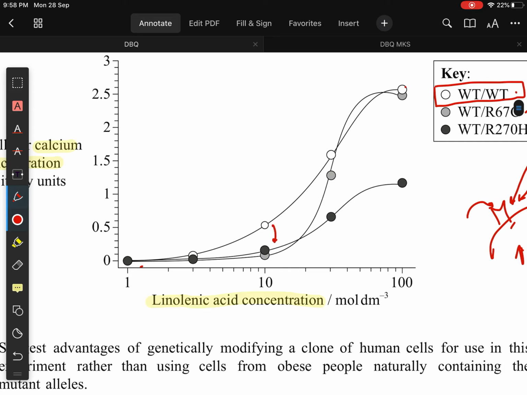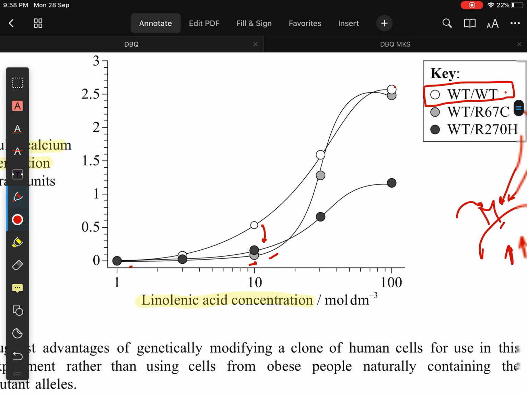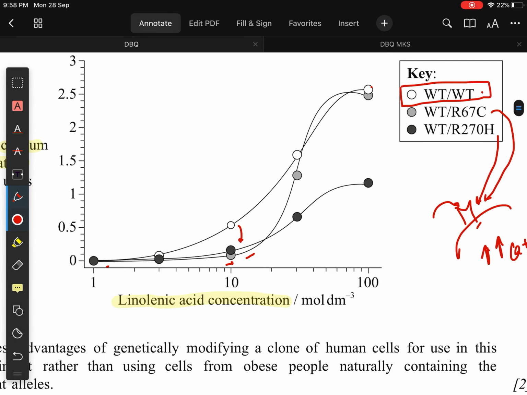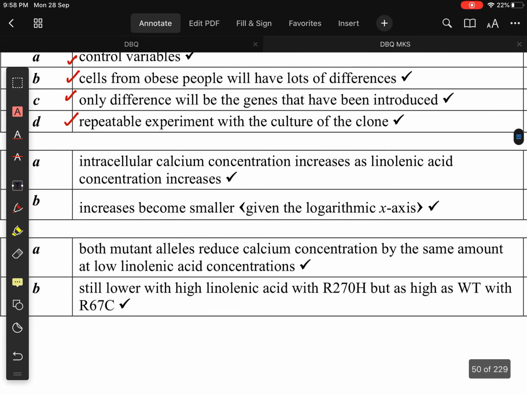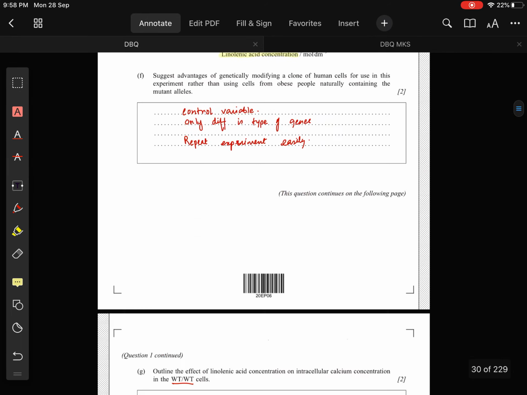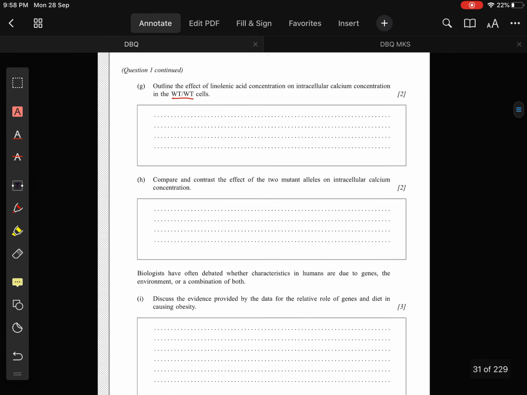So both reduce at low concentration, but at higher concentration R67C increases exponentially and reaches almost the level of the wild type, while R270H remains low. So still low with R270H, but as high as WT with R67C. All right, so we explained the graph.